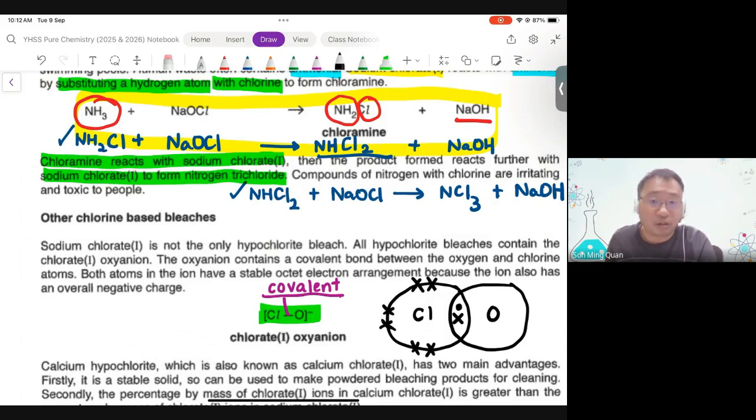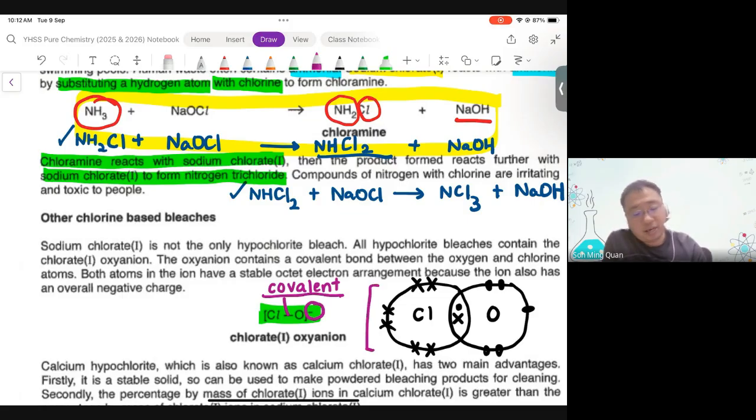How about oxygen? Oxygen has 6 valence electrons. It has shared 1. So 6 minus 1 equals 5. The last difficulty is, oh, does that mean that oxygen doesn't look like it has a fully filled outermost shell? But let's not forget this very important piece of info, the charge.